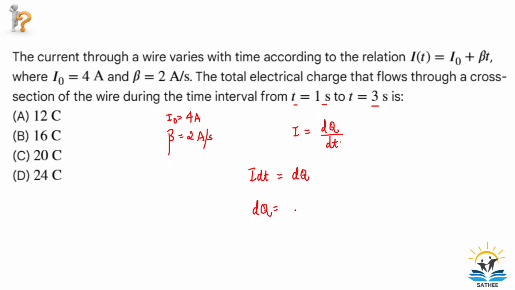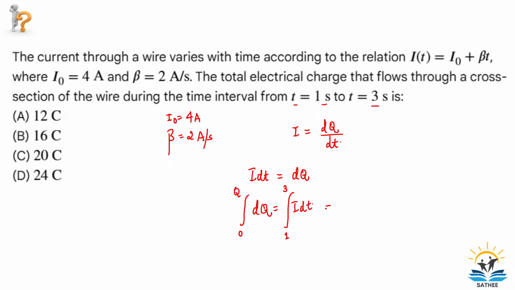That is a small charge flowing through the cross section in a small time interval, given by I dt. So from time 1 second to 3 second, what is the charge? That total charge is 0 to q.